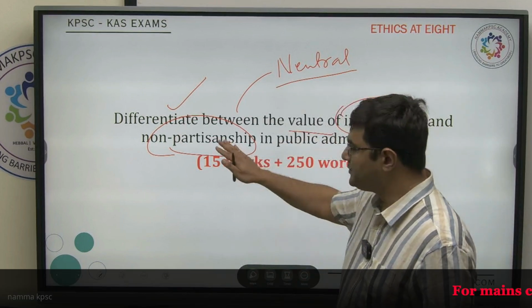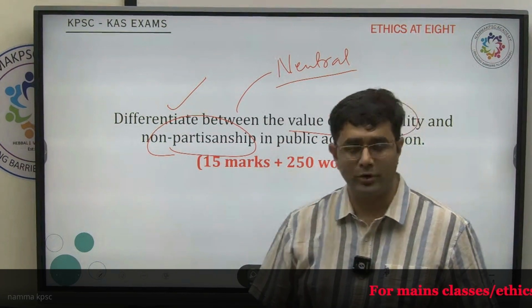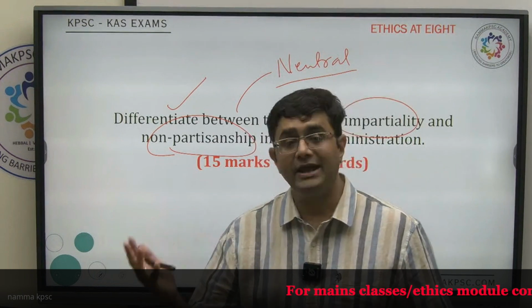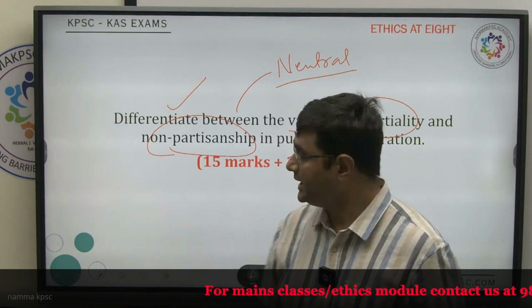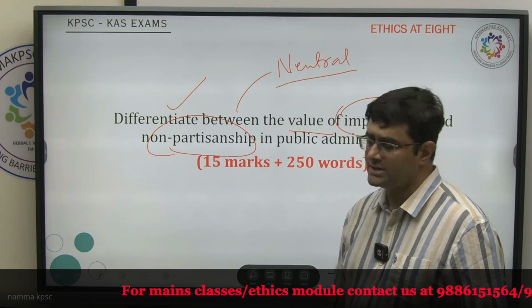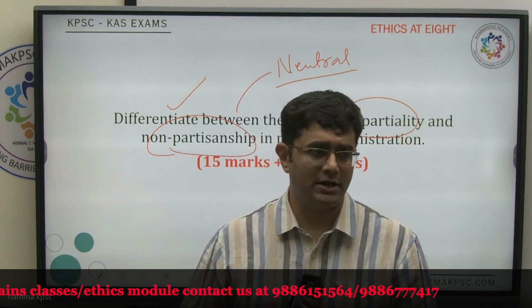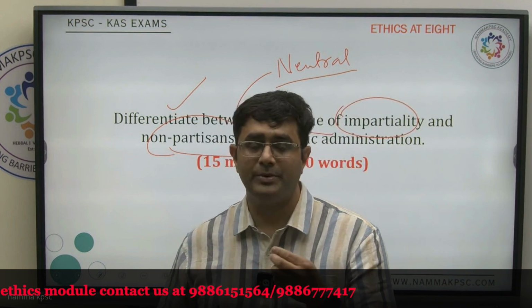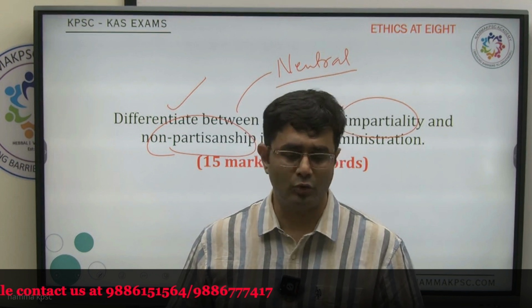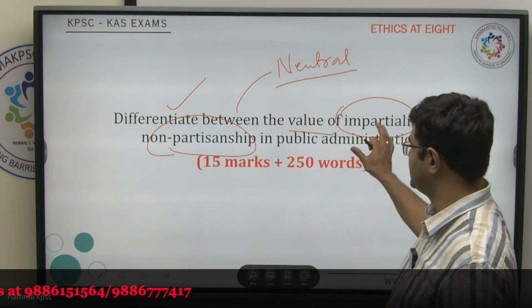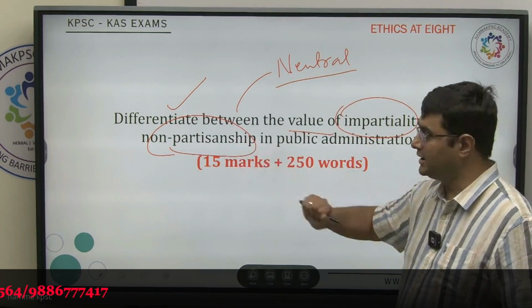Non-partisan is mainly from a political point of view, not affiliating to any particular political party, whereas being impartial means not being biased to a particular individual or group. So this is mainly from a social context, and that is mainly from a political context.